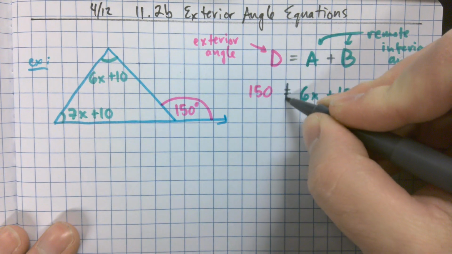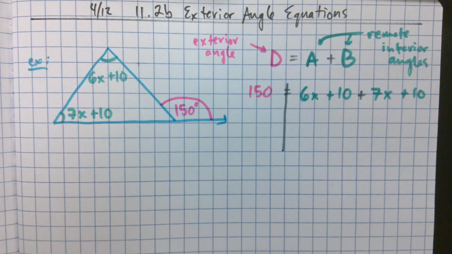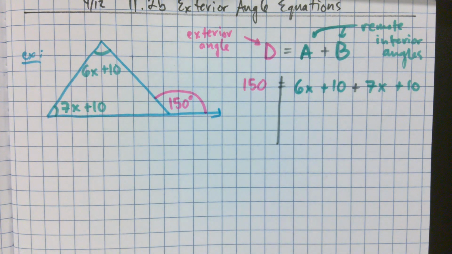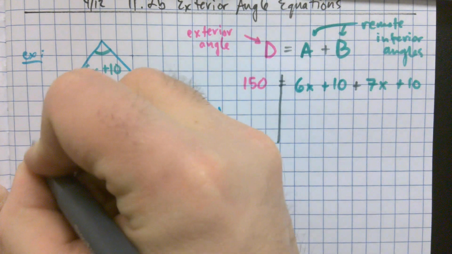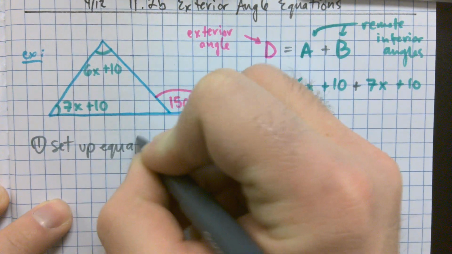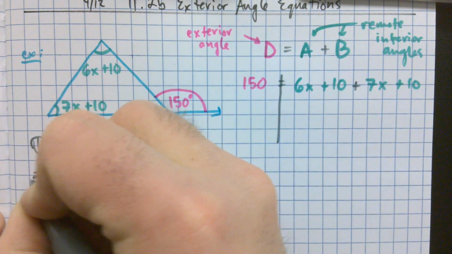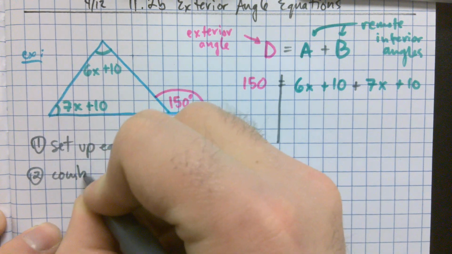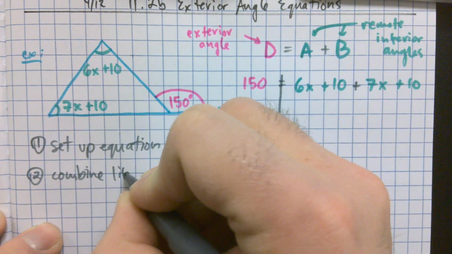All right. Now we're going to do the same steps that we've been doing for weeks now, feels like, days at least. We're going to combine like terms. Okay. Let's break some steps down here. We got to set up our equation. Combine like terms.